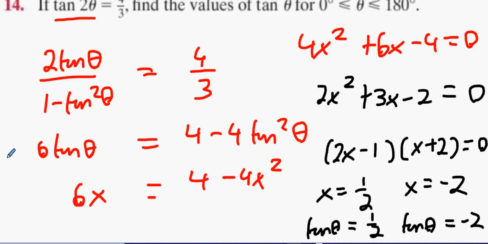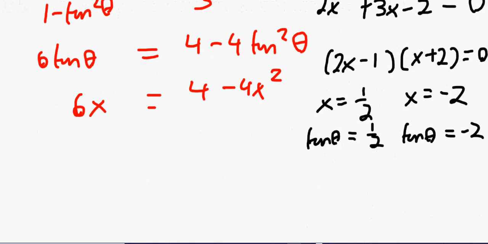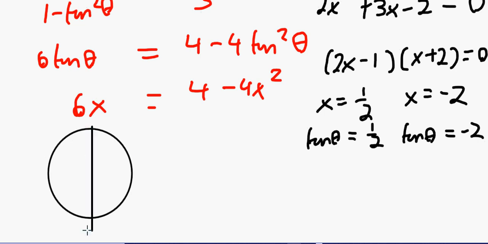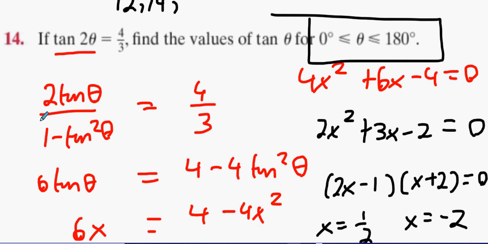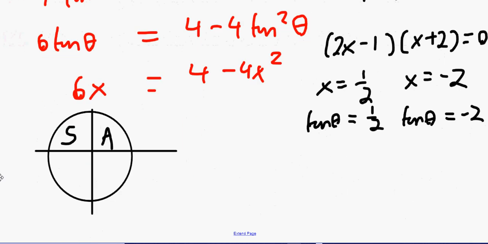Values, right? Now we're going to need ASTC here. Good old ASTC. Alright, let's start with the first one. We only need A and S, don't we? Why do we only need A and S? What's the question say? So I only need the first 2 quadrants, so I actually don't need T and C. They're not needed. Okay?